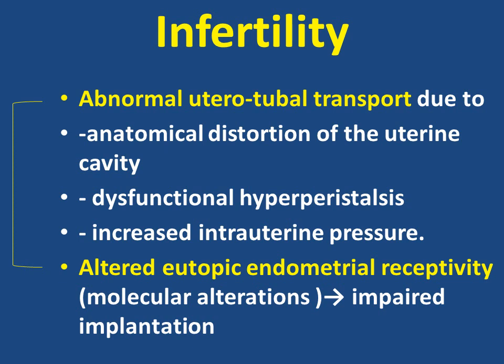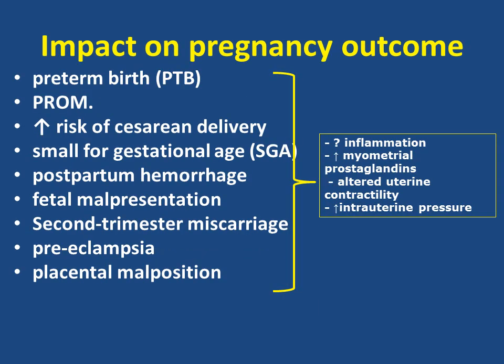Another explanation for the infertile cases is the altered endometrial receptivity by the uterine contractions, by the increased intrauterine pressure, which may lead to impaired implantation. So infertility can occur in cases with adenomyosis as well.